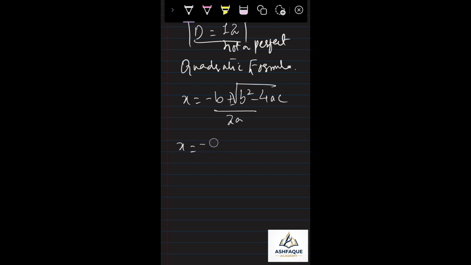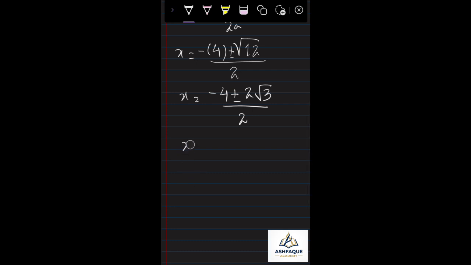We will have minus 4 plus minus the root of 12 divided by 2. So now what we will have, minus 4 plus minus, the root of 12 will be 2 under root 3, upon 2.